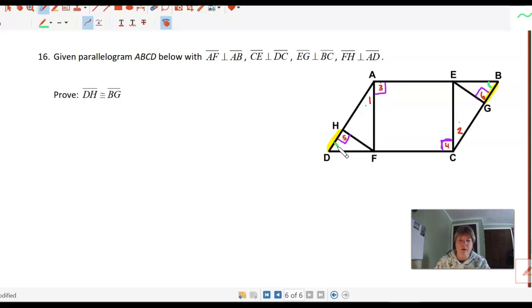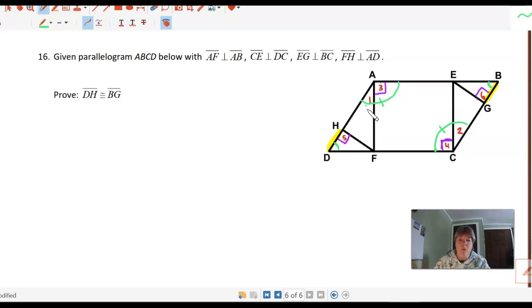So I know that angle D is congruent to angle B. I know that angle DAB up here and angle DCB down here are also congruent because both pairs of opposite angles in a parallelogram are congruent. And then I'm given that these are perpendiculars, so I know that angle 3 and angle 4 are congruent.